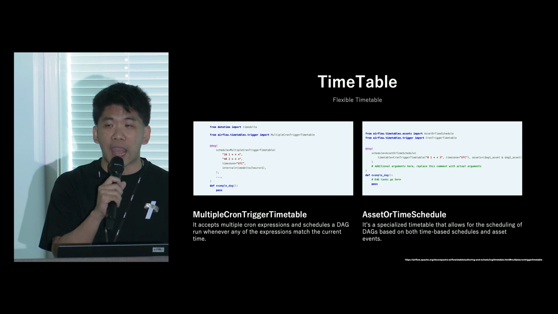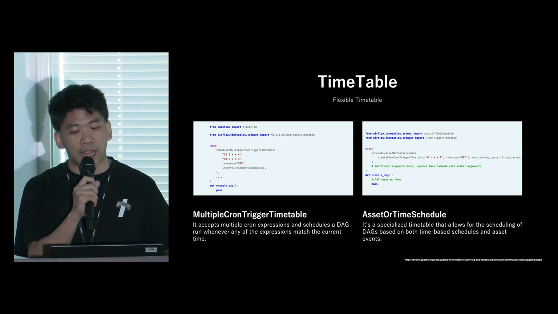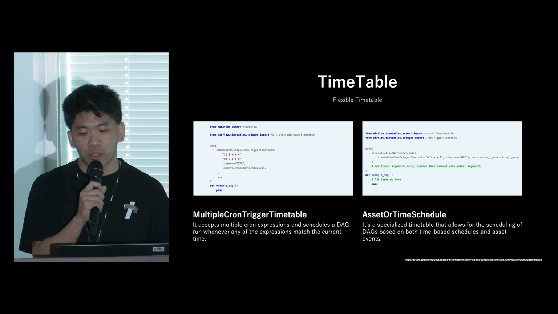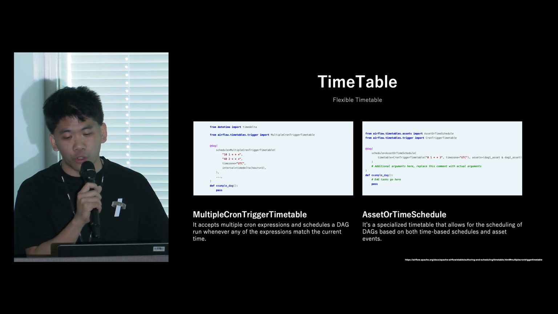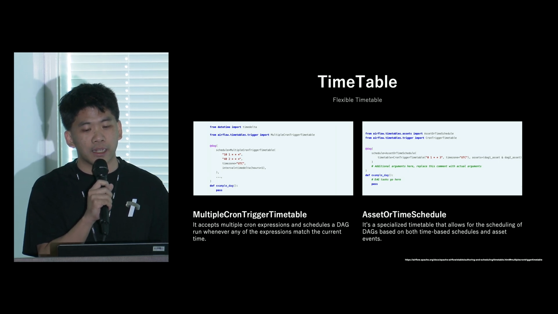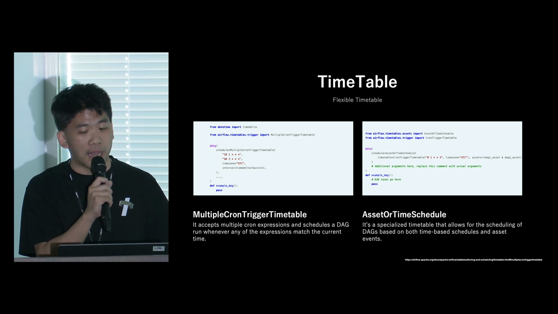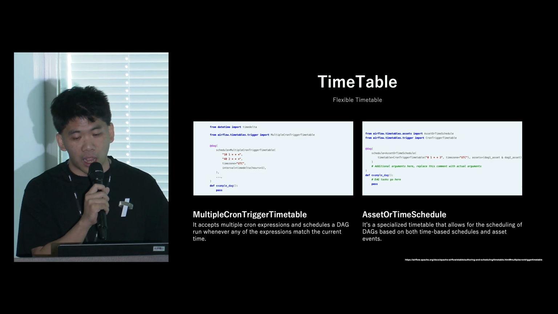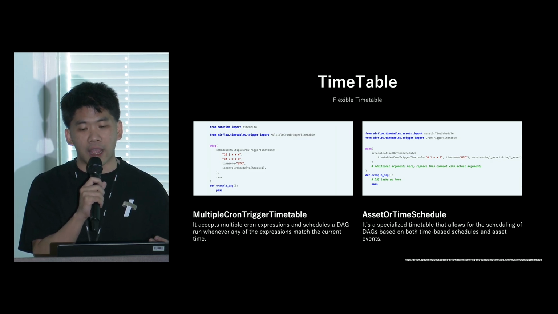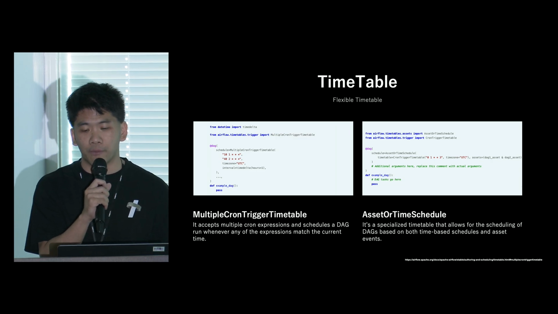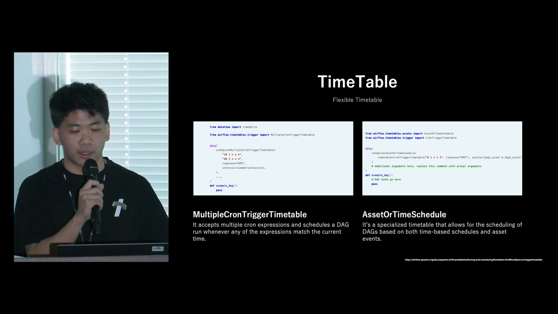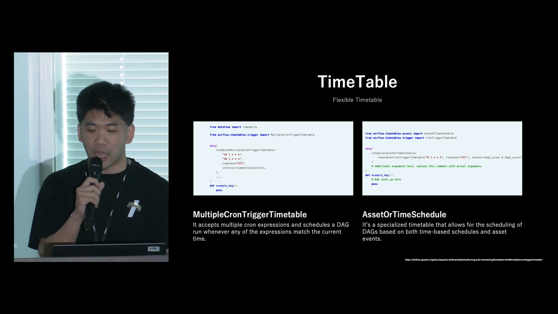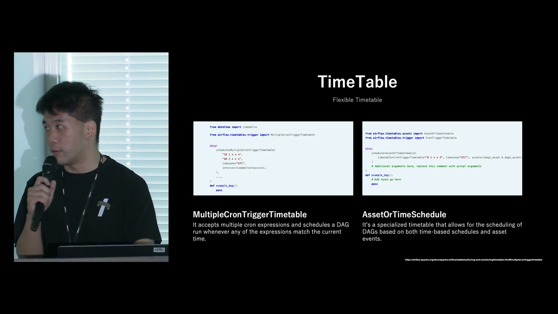Another case is the asset or time schedule, a special timetable that allows scheduling a DAG based on both time-based schedules and asset events. Now, let me hand it over to Echo.